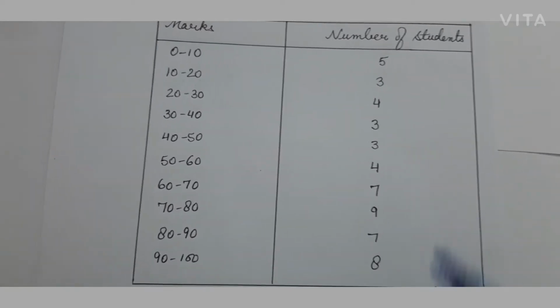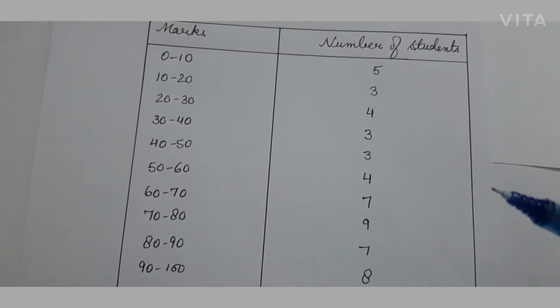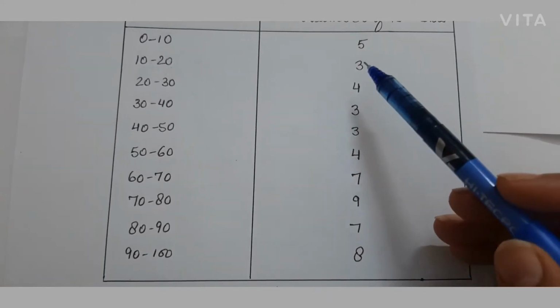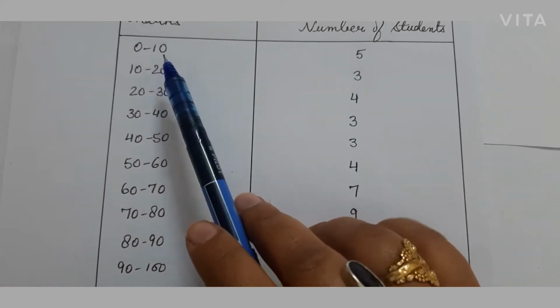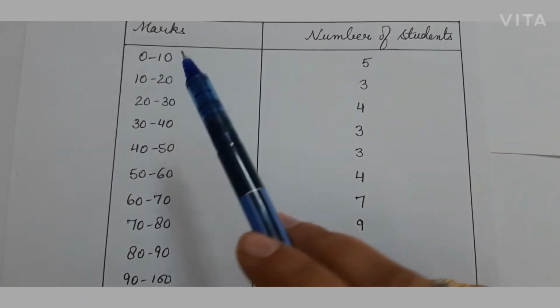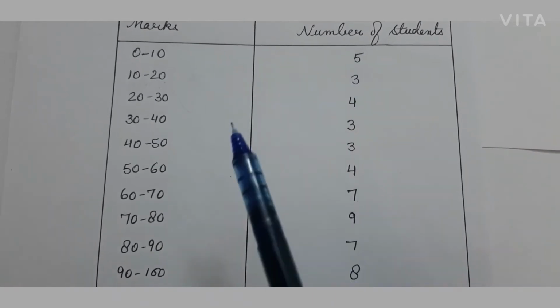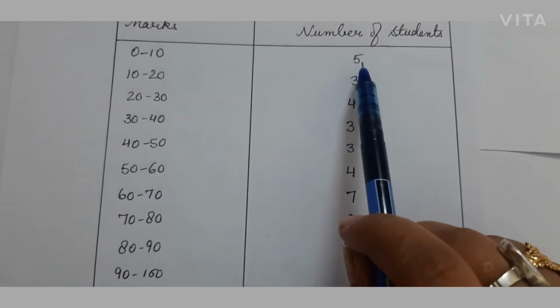So in order to find out the median for the grouped data, basically how many students have scored marks less than 10? The number of students who scored less than 10 will be equal to 5, and clearly the answer will be 5.